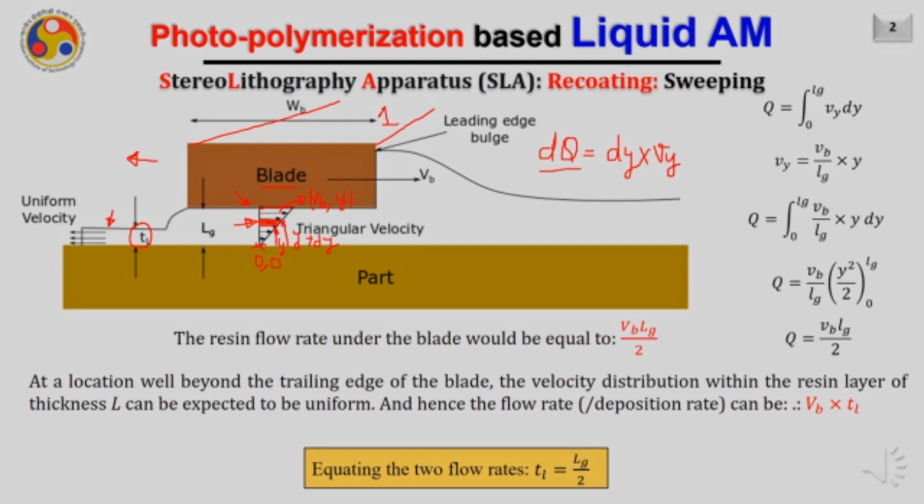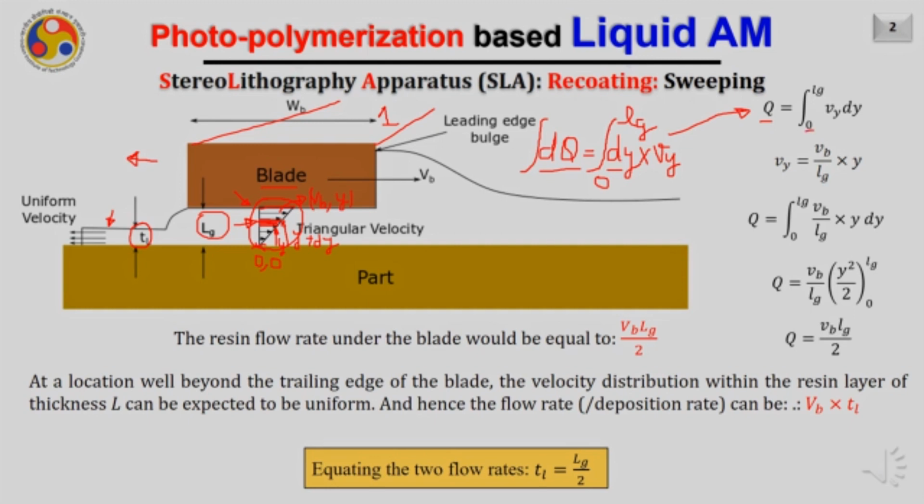So this is the mass flow rate. Now if you want to calculate the mass flow rate completely under this zone, you need to integrate it, and we will integrate this function of velocity into dy from 0 to the total gap, that is Lg, and that is what is written here. Hence you can get the total flow rate.